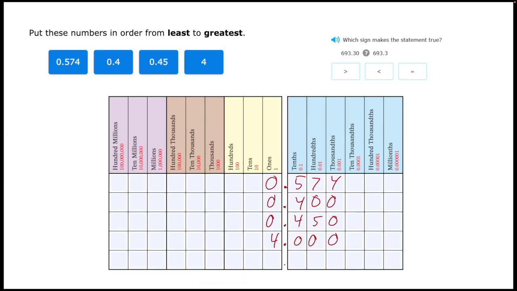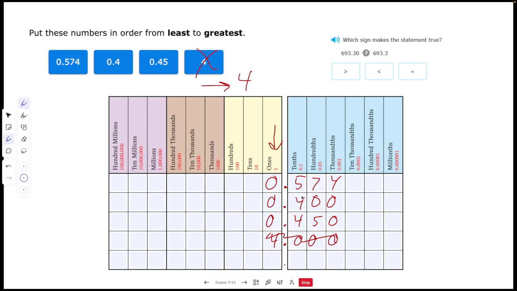So you went ahead and put them in the chart and put zeros in all of the gaps. So then it said least to greatest. So the biggest number is 4, obviously, because you check this column. So 4 is going to go at the end of our list. Cross it off. Then in your next column, you're looking for small numbers.